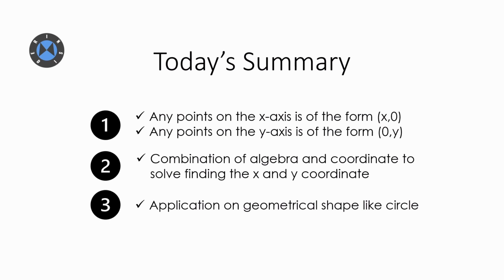And lastly, we have shown the application of this distance formula on geometrical shapes like circles, and how we break down whole problems step by step, using the properties of the circle, and using the distance formula to find the distance of a point from the center of the circle, and in that way we find the actual coordinates of the centers, and therefore we can find the radius of the circle.